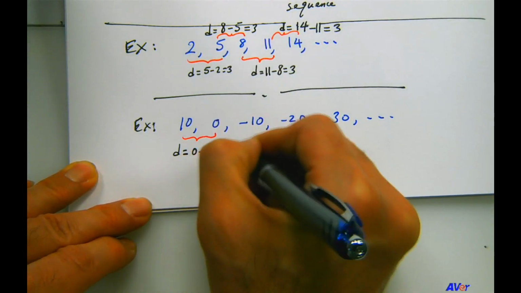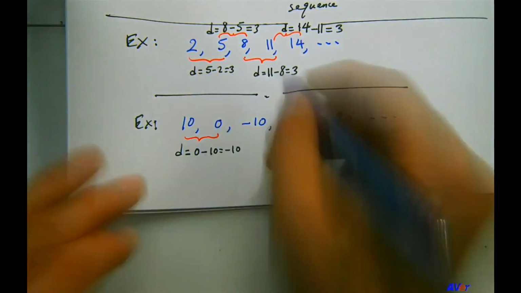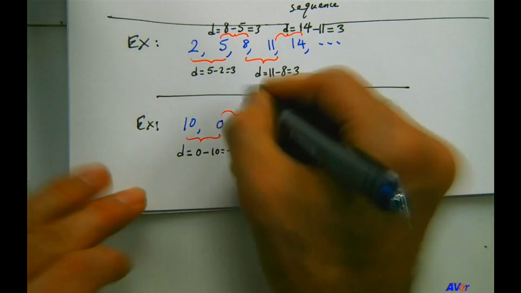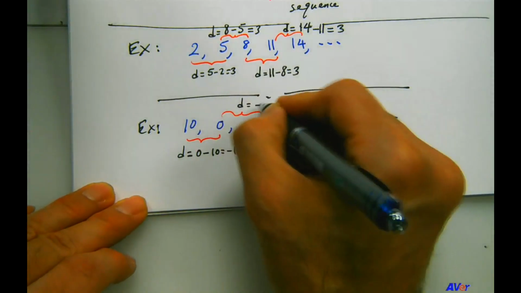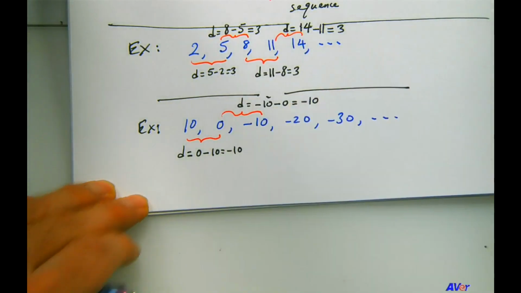What would that be? Minus 10, right? Let's see if it's the same for these two: D equals minus 10 minus 0, or minus 10, right?